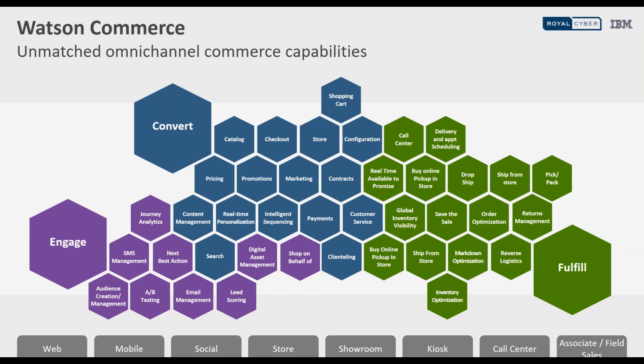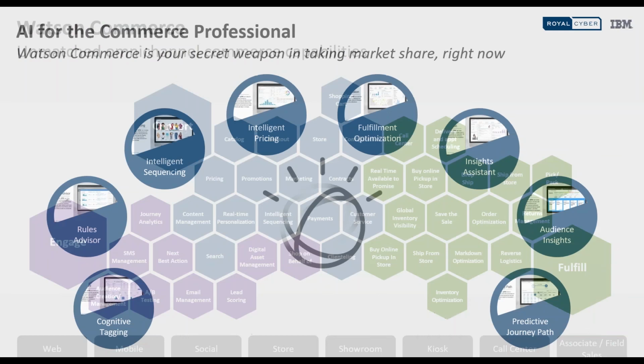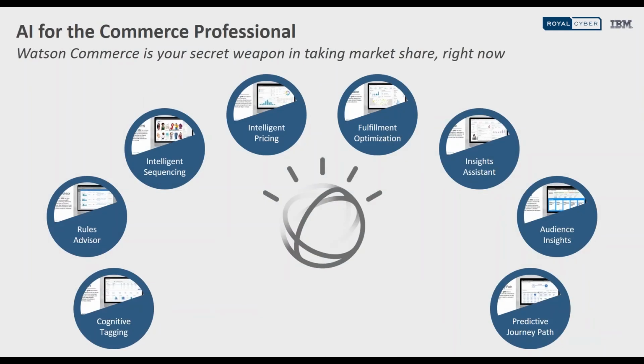Watson Commerce covers your web piece, your mobile piece, your social piece, your store piece, your showroom piece, your kiosk piece, your call center piece, and if you have field salespeople going to customers to take their orders for the B2B side, it has that piece available as well. So irrespective of the channel or platform you are using, your customers will always get a very unified, seamless experience that they actually deserve.